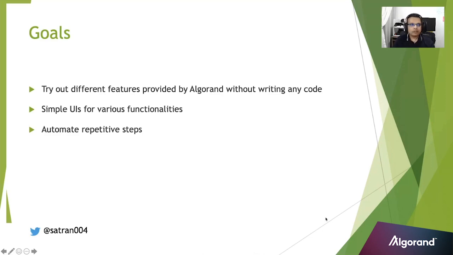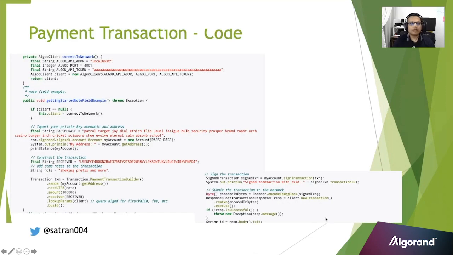With these high-level goals, let's go back a little bit to how we can interact with Algorand. Algorand has many SDKs in different languages. You can programmatically do many things with the Algorand blockchain by writing some code and running it.